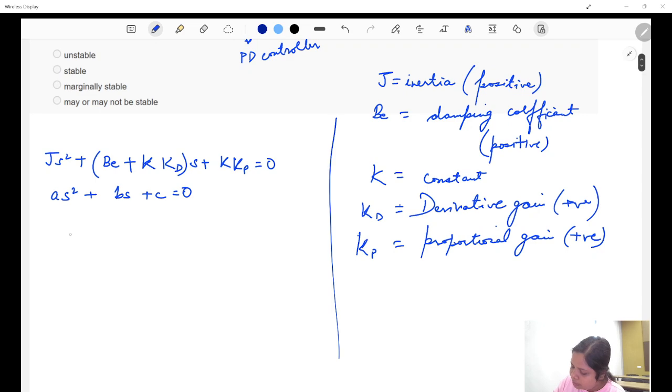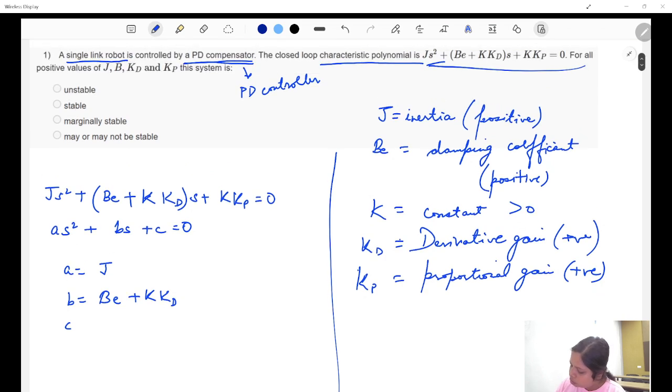So a is J, b is B plus K Kd, and c is K Kp. J is greater than 0, it's given in the question. This complete term is also greater than 0 and this is also greater than 0.